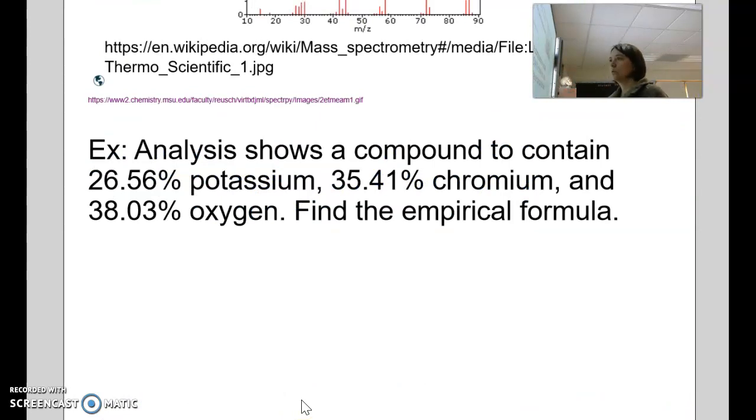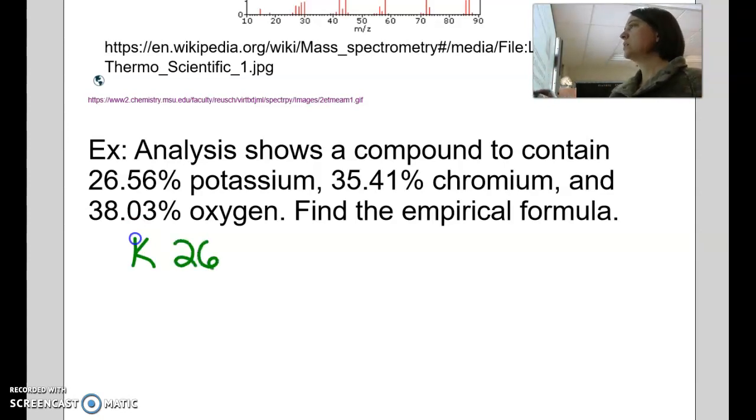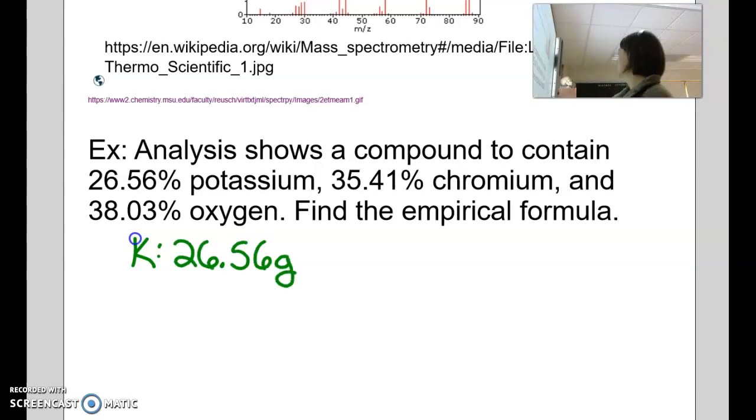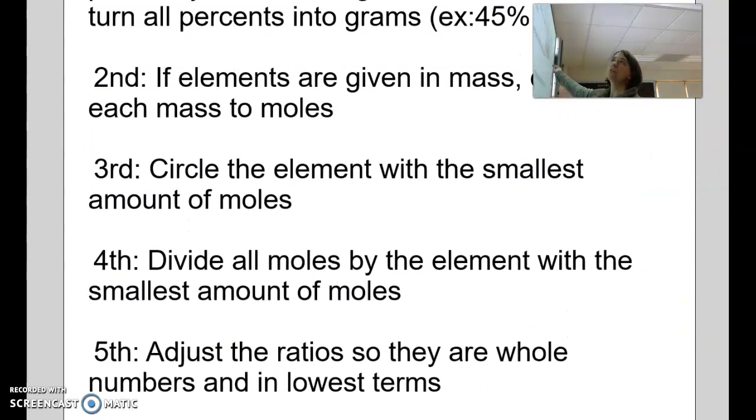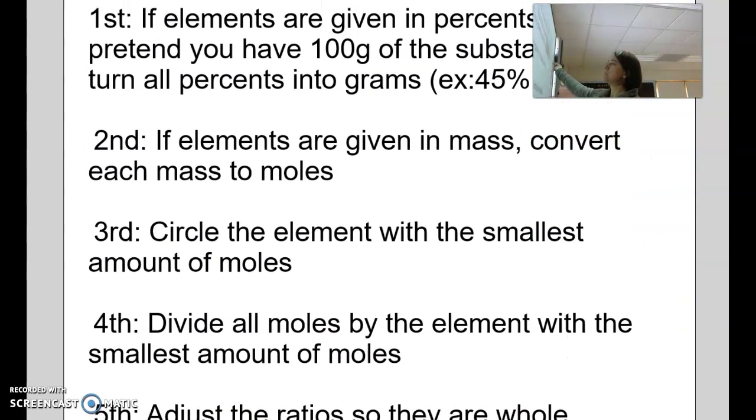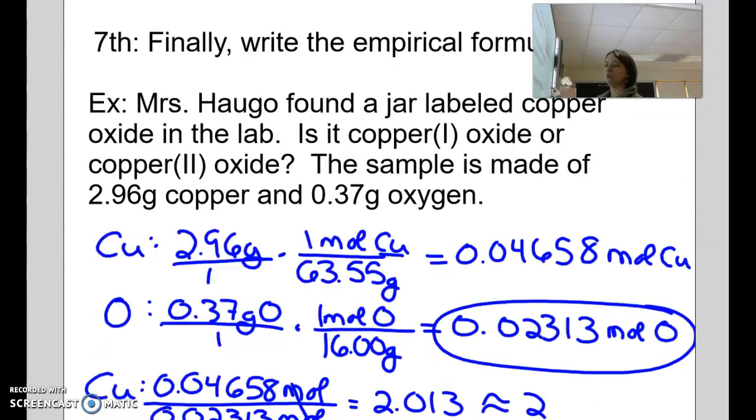Okay, so let's do potassium first. Potassium is 26.56%, so we're going to change that into grams. Now let's just go ahead and do steps 1 and 2 together. Step 2 says if elements are given in mass, convert each one to moles.